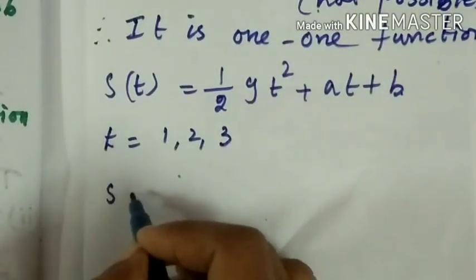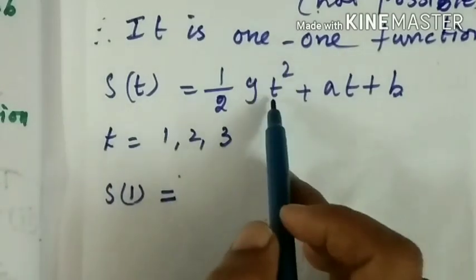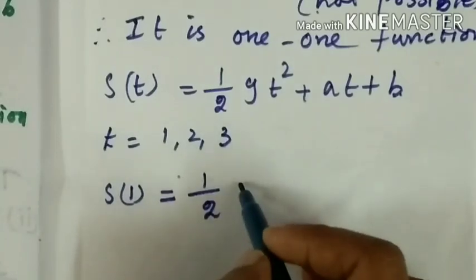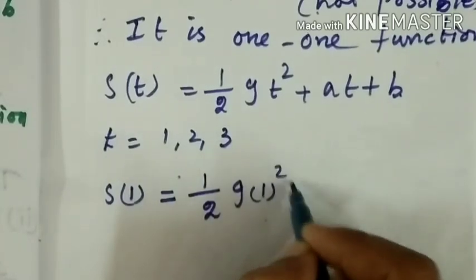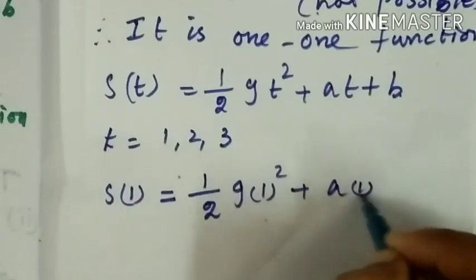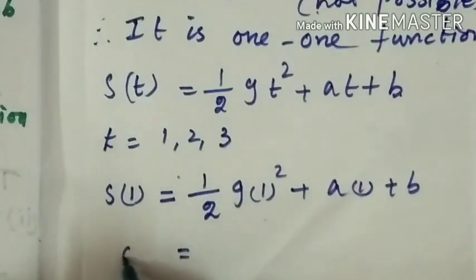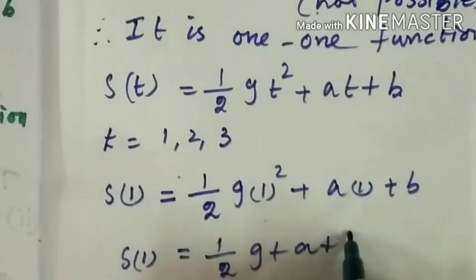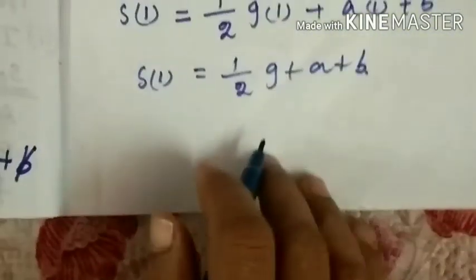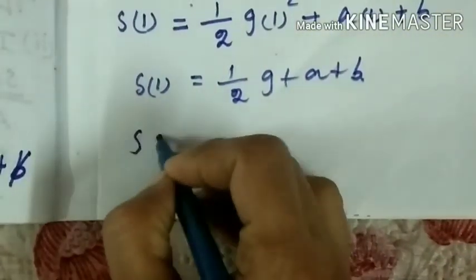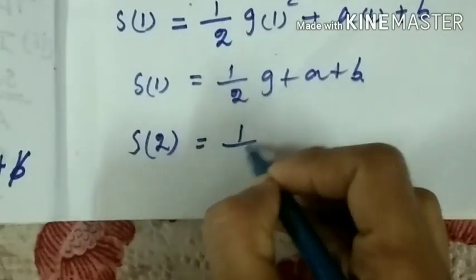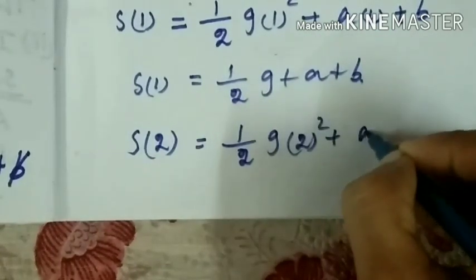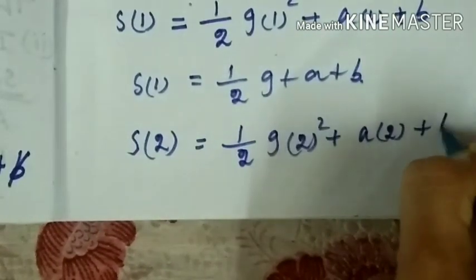Okay, now s of 1 equal to, instead of t you apply 1, you get half g into 1 the whole squared plus a into 1 plus b. Therefore, s of 1 equal to 1 by 2 g plus a plus b. Then next you apply s of 2. That is 1 by 2 g into 2 the whole squared plus a into 2 plus b.